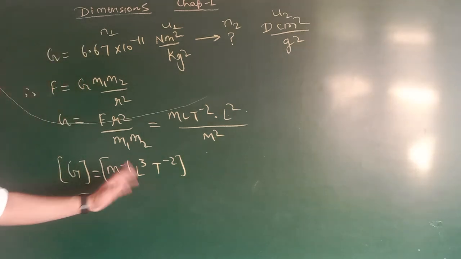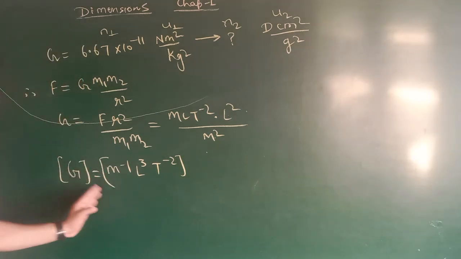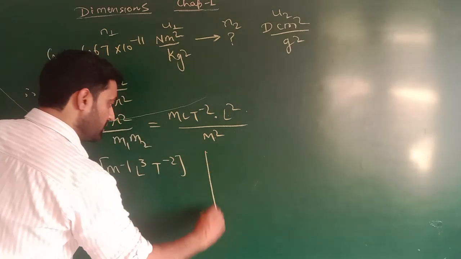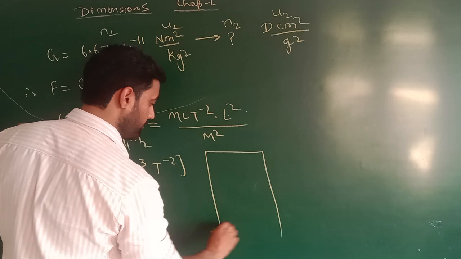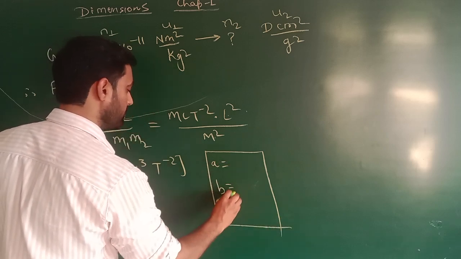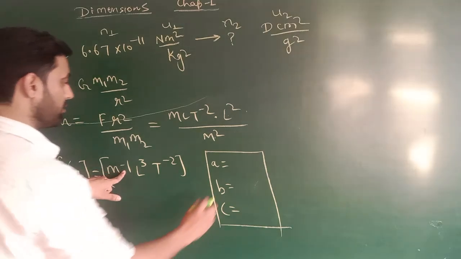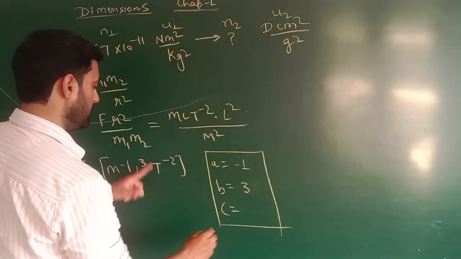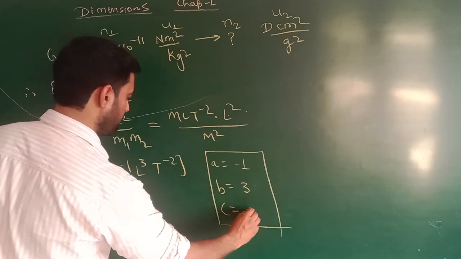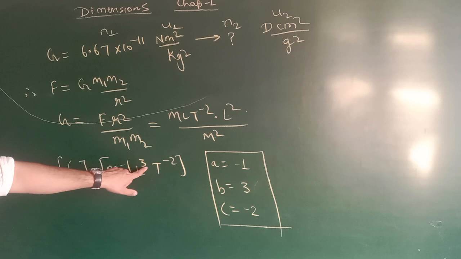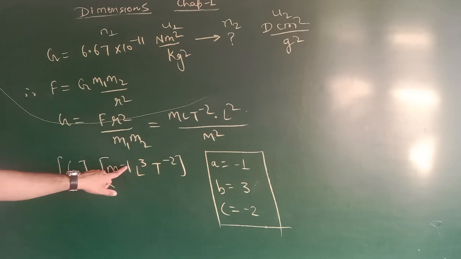Once the dimensional formula of G is known, that means G only depends on mass, length and time. So the values of A, B and C can also be found out. A is M power minus 1, B is L power 3, and C is T power minus 2.